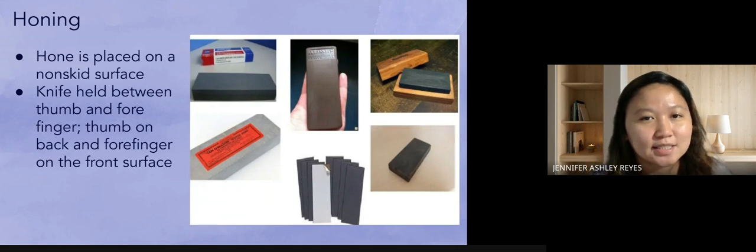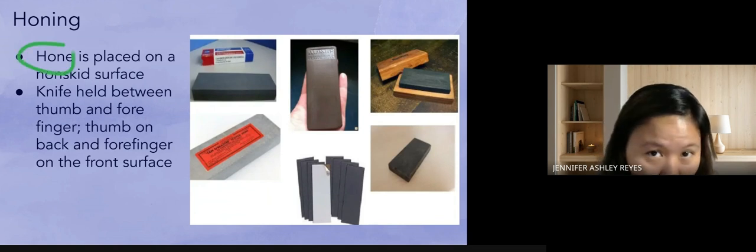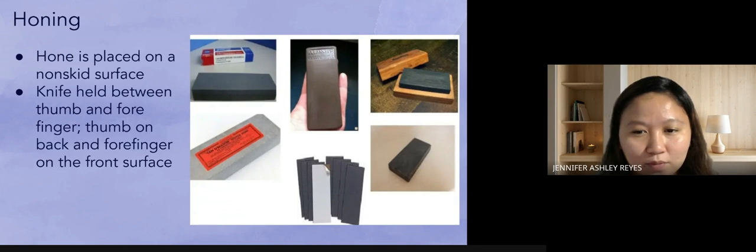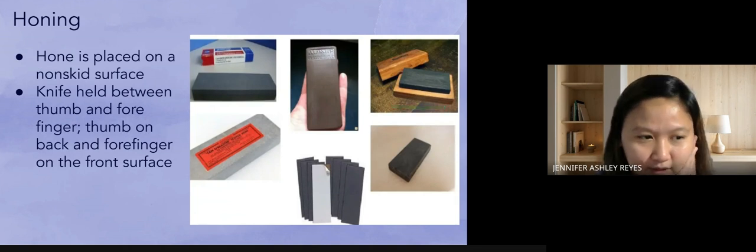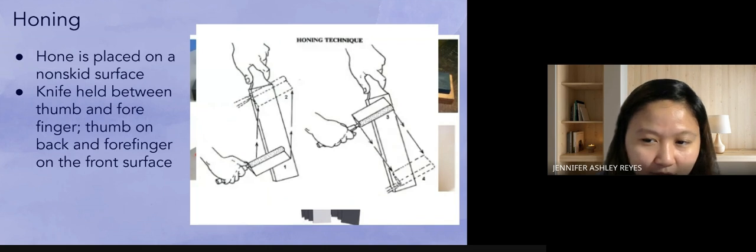It is essential for carbide or tungsten carbide knives. The hone, the sharpening stone, should be placed on a non-skid surface. You should hold the knife firmly, thumb on the back, forefinger on the front.